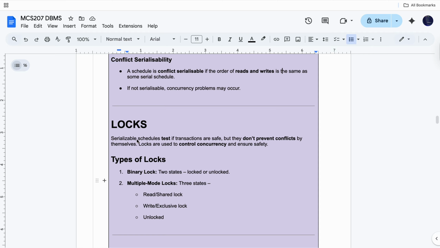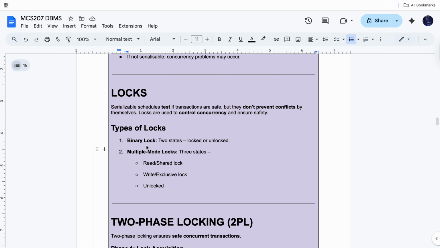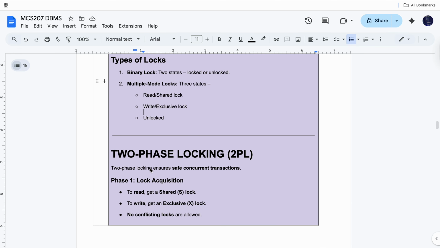Locks. Serializable schedules test if transactions are safe, but they don't prevent conflict by themselves. Locks are used to control concurrency and ensure safety. Types of locks: binary locks, with 2 states, locked and unlocked; multiple mode locks, with 3 states, read, write and unlock; and two-phase locking.